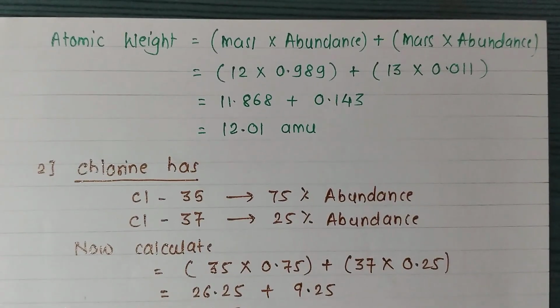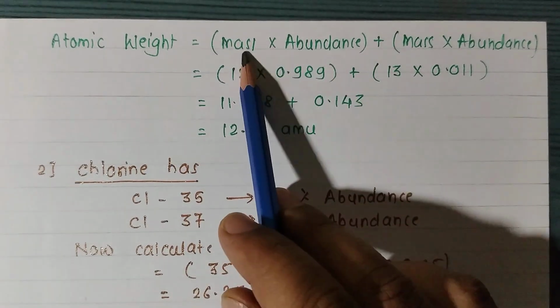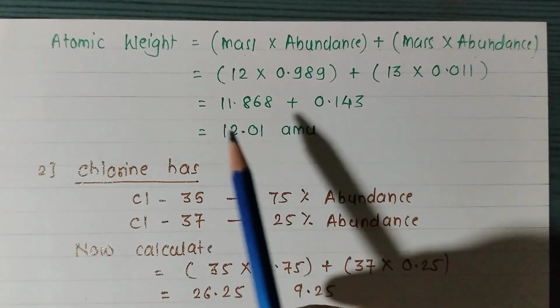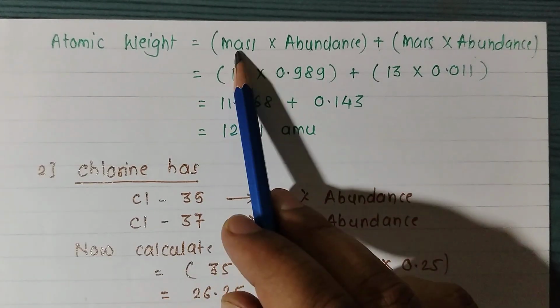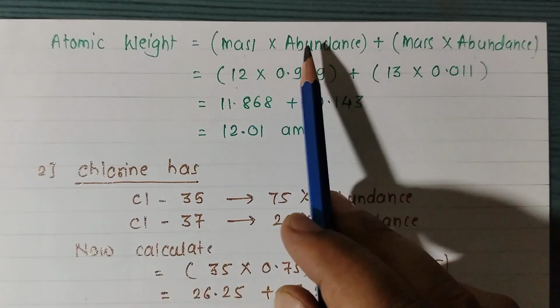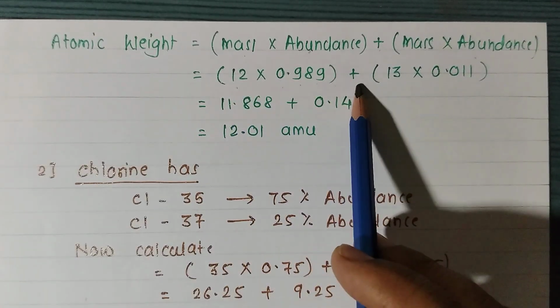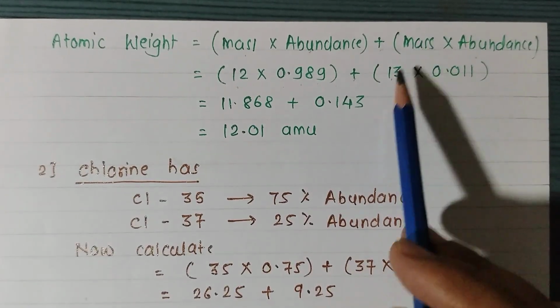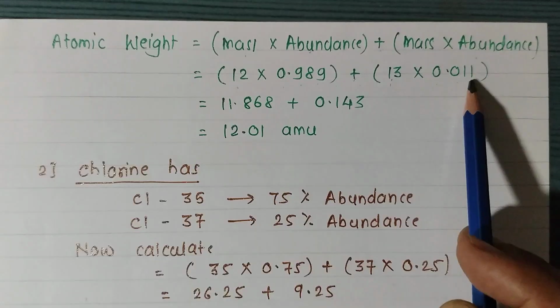Now we calculate the atomic weight for carbon. Mass into abundance plus mass into abundance. Means mass for the first carbon isotope is 12, abundance is 0.989, plus mass for the second isotope of carbon is 13 and abundance is 0.011.